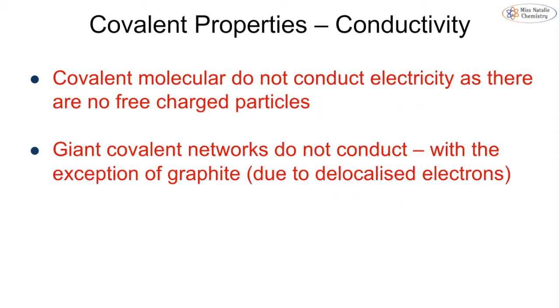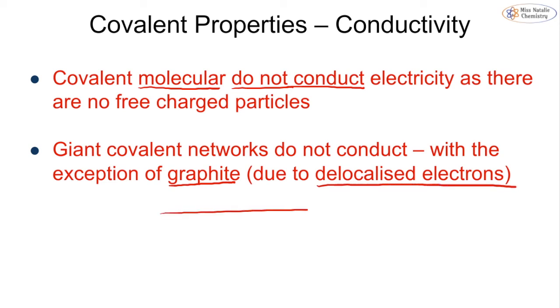In terms of conductivity, our molecular substances do not conduct electricity because there are no charged particles that are able to move. Giant networks are also non-conductive, with the exception of graphite, because graphite has those delocalized electrons. If you remember, that means that we've got our layers of our carbons.